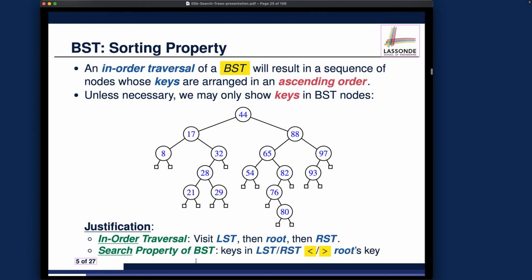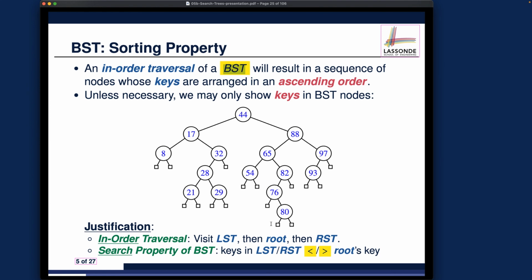And the second part of the justification, because the search property is actually guaranteed to hold, otherwise we wouldn't call this a binary search tree. So that's why the sorting property is so important. The precondition is the tree we are talking about must be a binary search tree, otherwise it wouldn't hold.